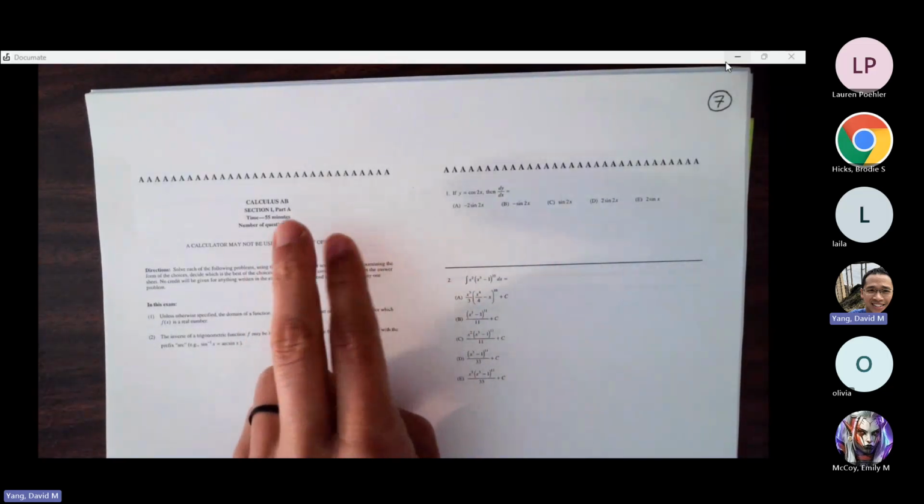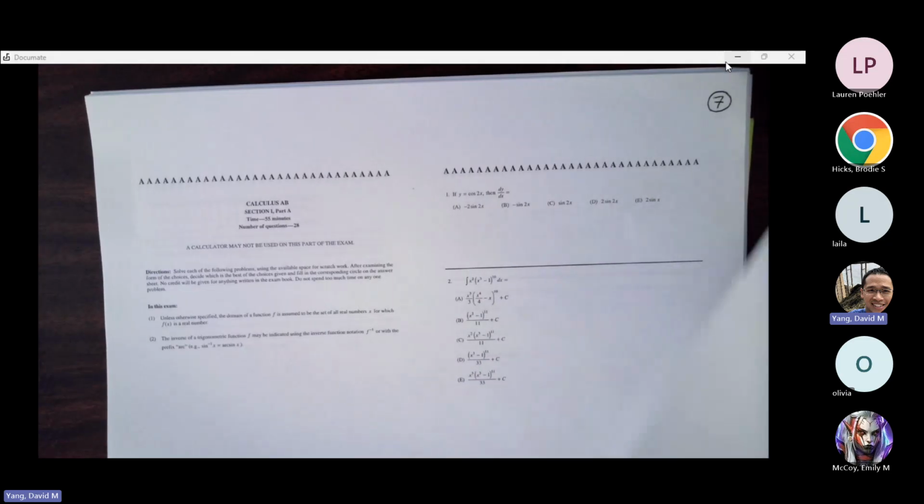Here is 28 and 17. It's still the same number of multiple choice questions. They just adjusted the numbers a little bit, so that's why it has 28 for this particular year.